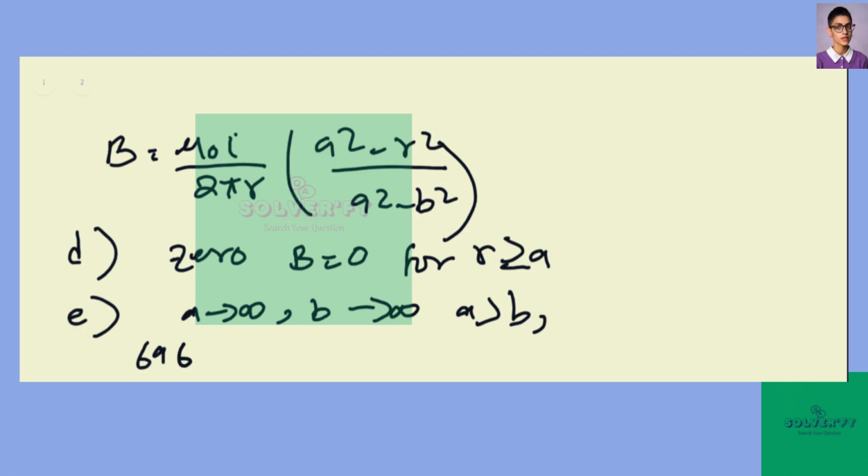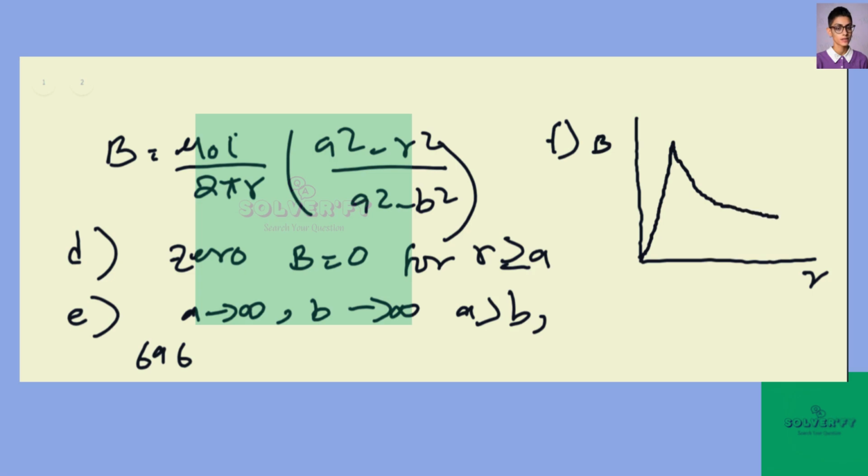Using SI units, the graph of the field for part F will be, so let's say this horizontal axis is r and the vertical is B. The graph will spike first, go up and slowly decrease, and then from here it will go down.